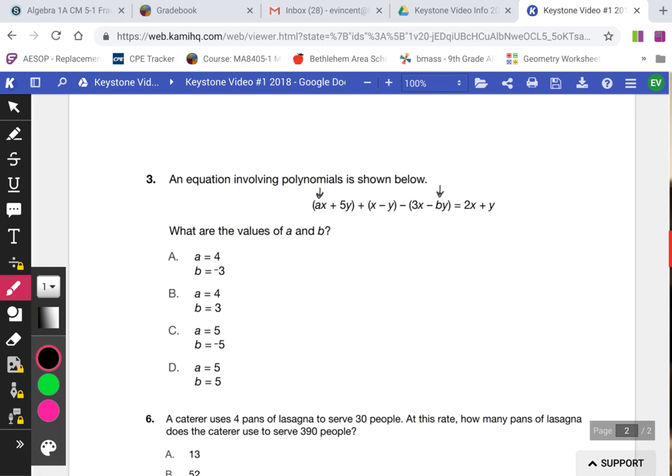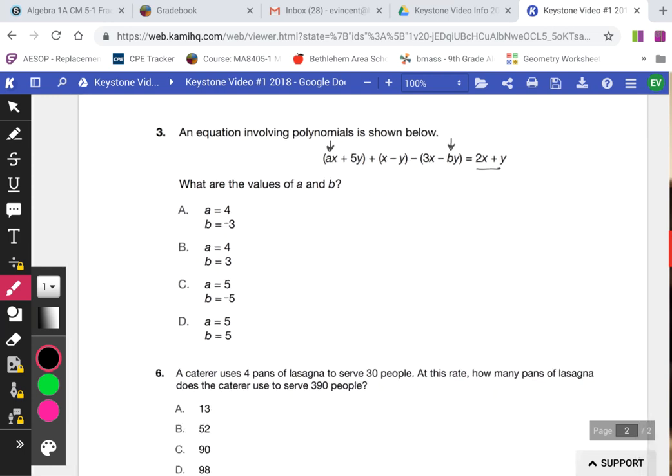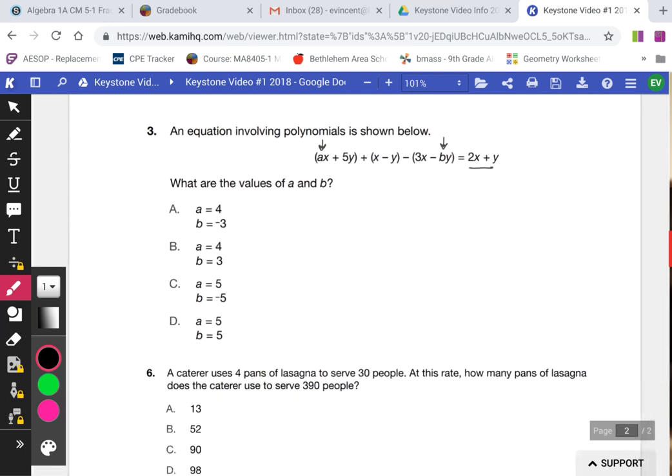They equal 2X plus Y. So I'm going to take my X values and add them up, and I'm going to take my Y values and add them up and see what we get. So I have AX plus X minus 3X, and that has to equal 2X.